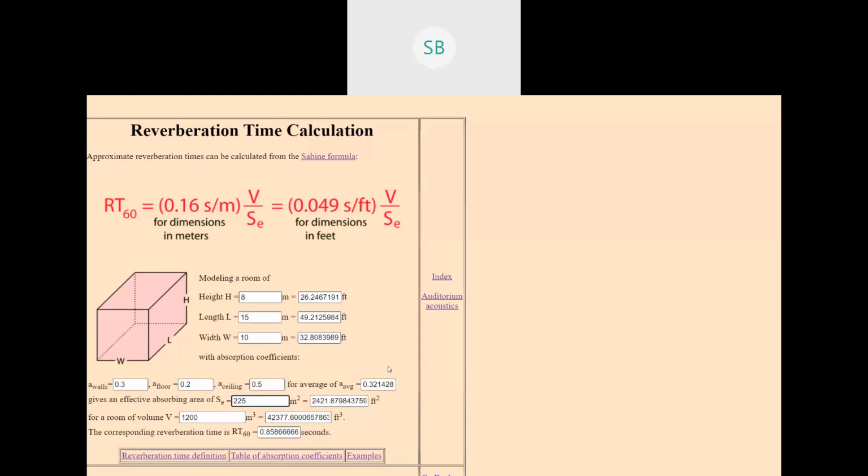The room volume is 1200, the multiplication of height, length and width. If you put all these values in the above equation, we get the reverberation time as 0.8586 seconds.